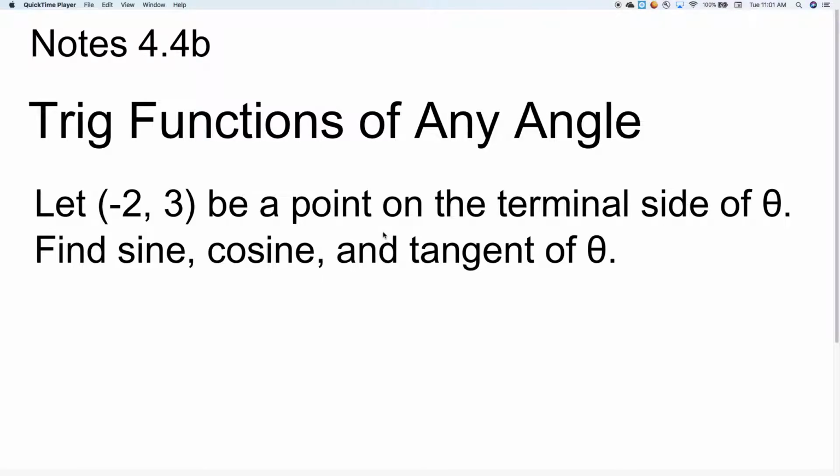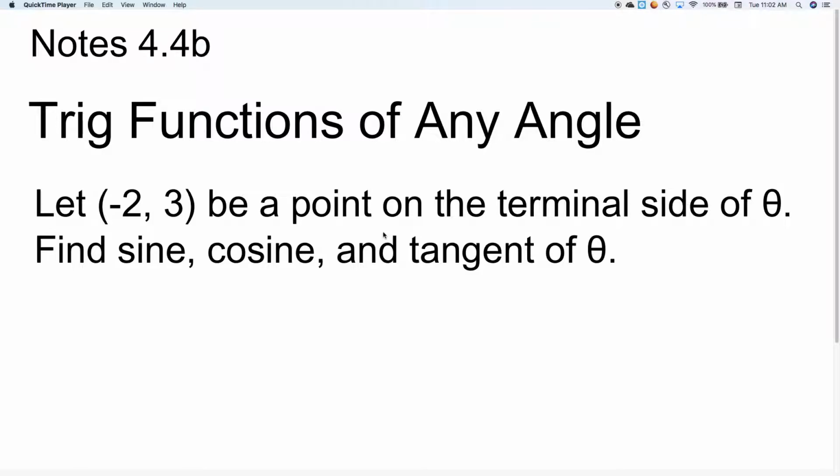We have a negative 3. Remember, this is not necessarily on the unit circle. Square root of 13.